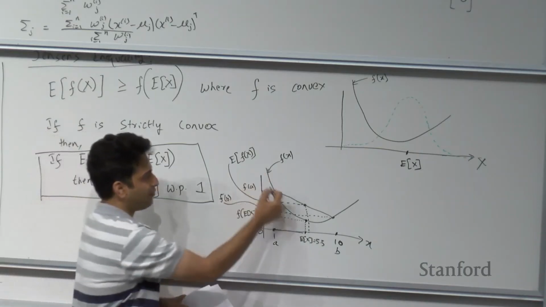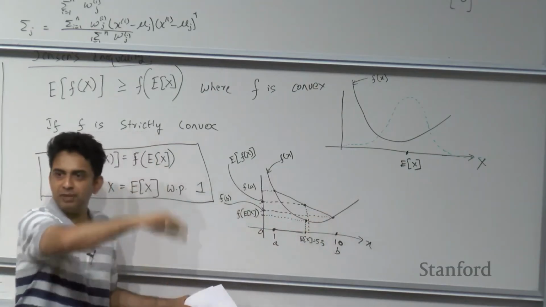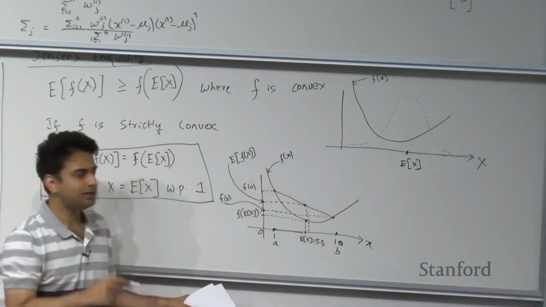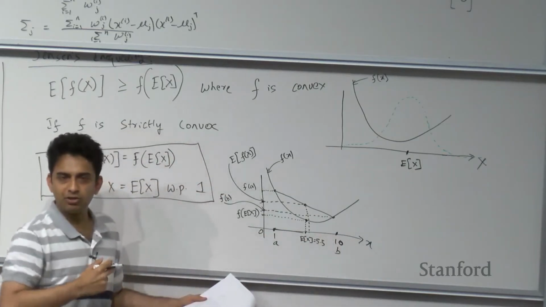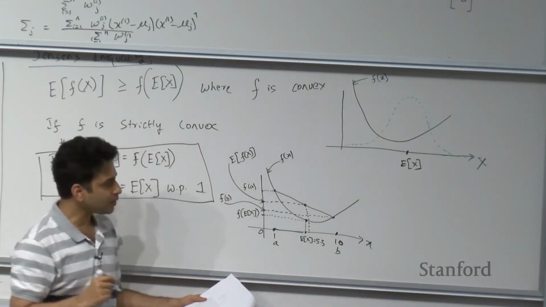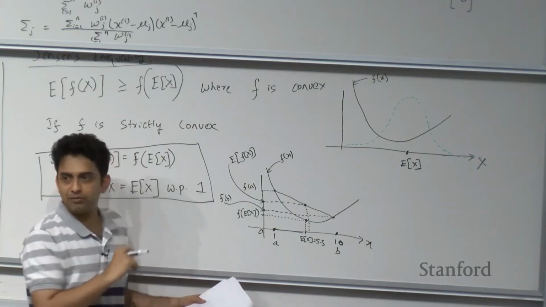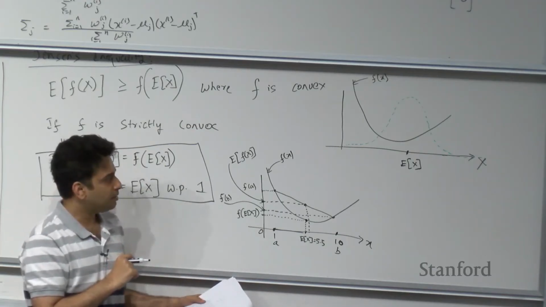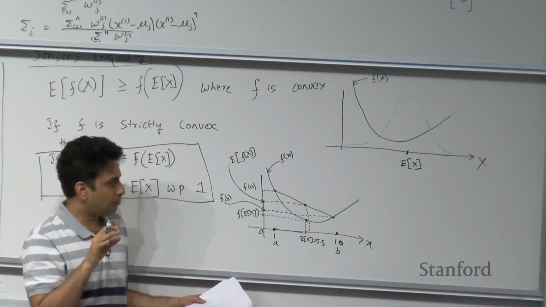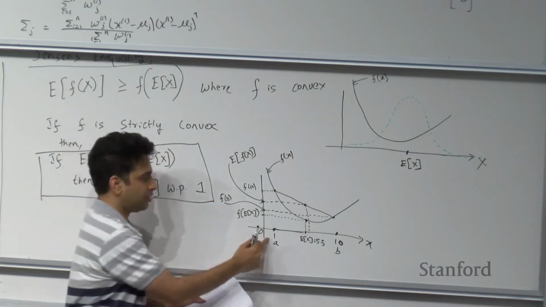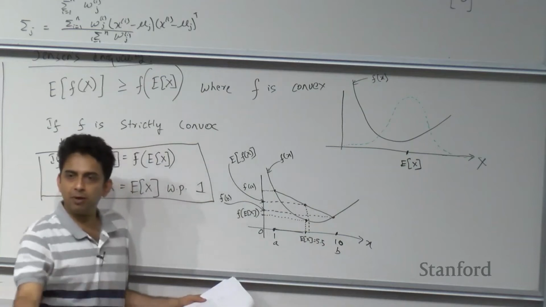So f is a convex function which is kind of bending upwards, right? And the x-axis denotes some random variable. In this case, just for the purpose of understanding Jensen's inequality, let's assume x takes one of two values, either 1 or 10, with equal probability.